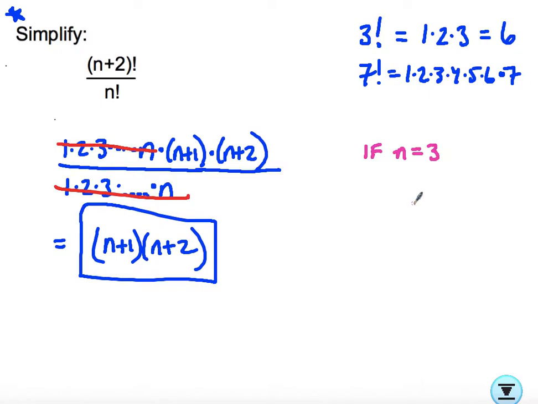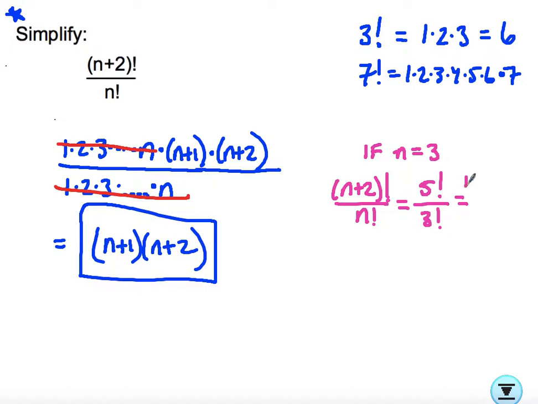We'll just pretend. If I have n plus 2 factorial over n factorial, that would be 3 plus 2 factorial on the top, so 5 factorial, and on the bottom would be 3 factorial.